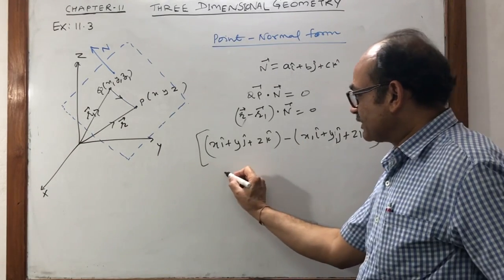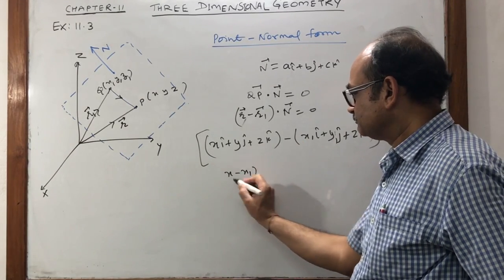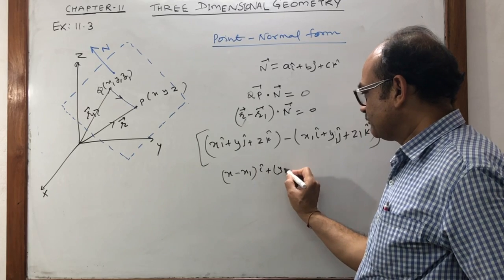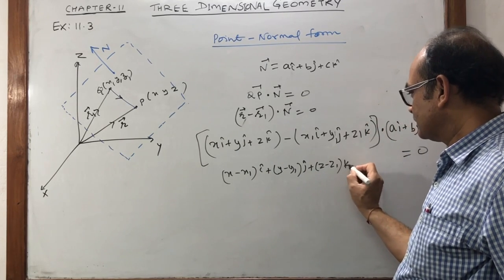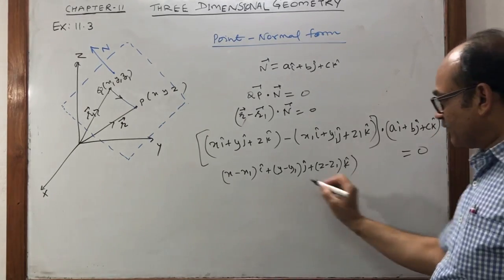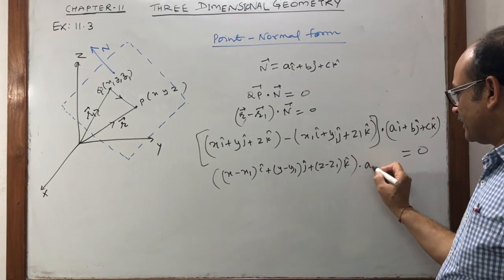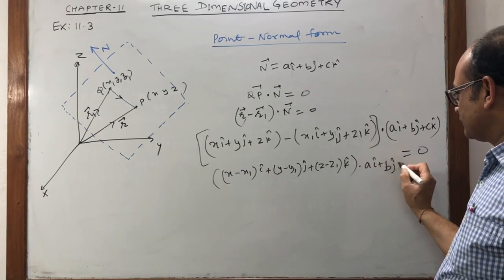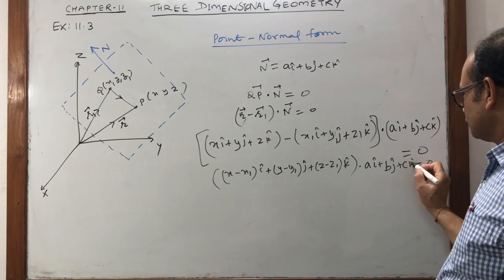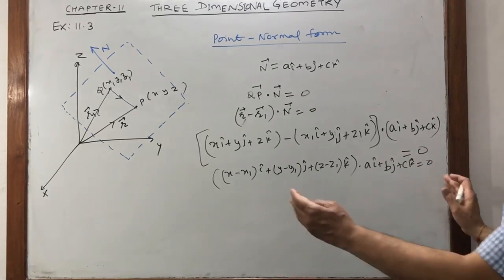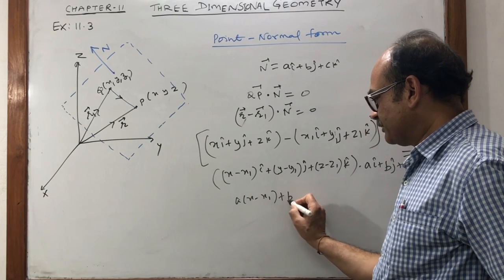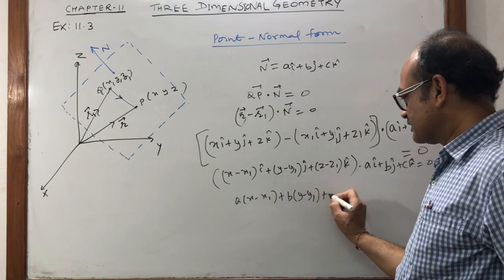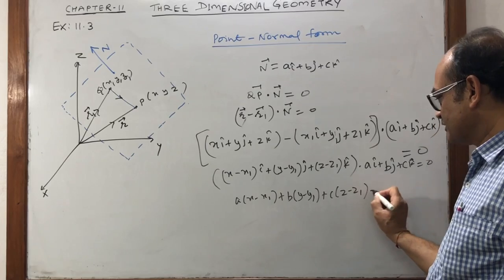What are we getting? (x minus x1)i, (y minus y1)j, and (z minus z1)k, dot product with ai plus bj plus ck equals 0. Expand it. a into (x minus x1), b into (y minus y1), c into (z minus z1) equal to 0.